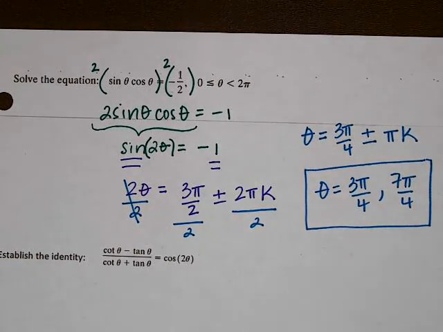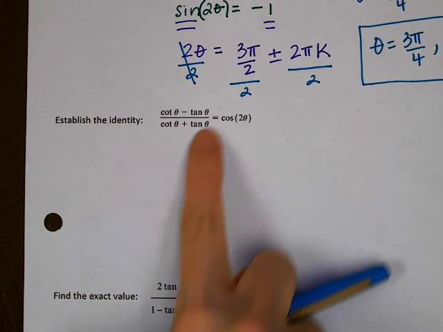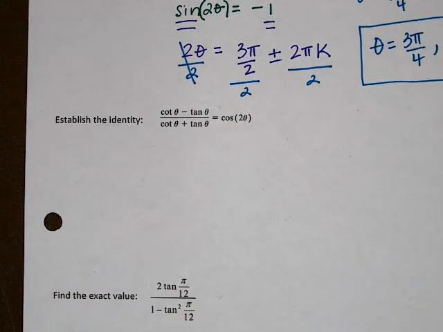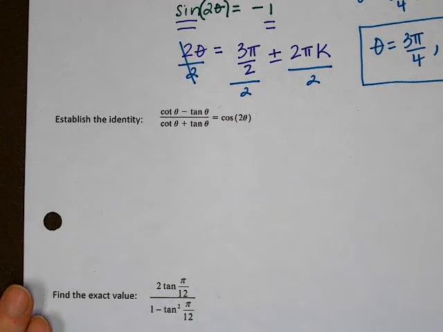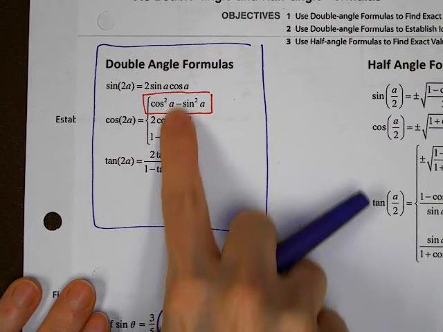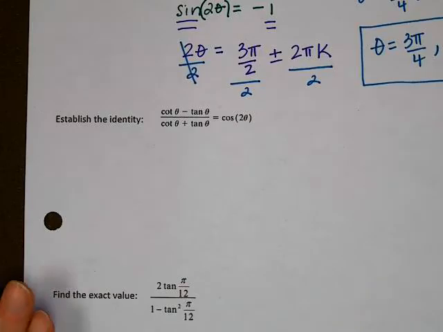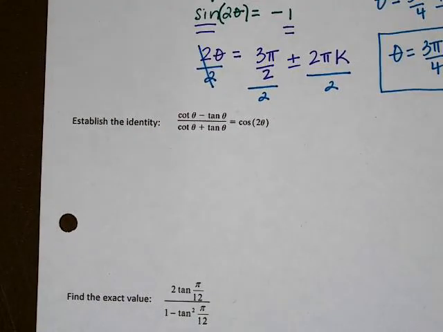All right, this one's going to be an identity. They want you to verify that this side actually is the same as this side. All right, so the left-hand side looks more complicated. And I don't know, to me, since it's cosine and all of our cosine double angles are in terms of sine and cosine, I'm going to try to just convert cotangents and tangents into sines and cosines.